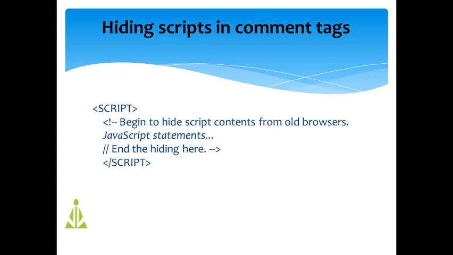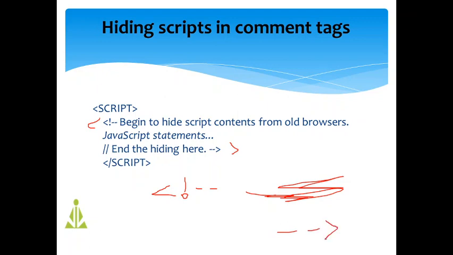Next, how can we write a comment? Between the script opening tag and closing tag, from here to here, this is a comment. If you want to write a comment, first is a less than sign, then you must use the exclamation mark, then two hyphens, and you write whatever you want to write here, and at the last, hyphens and close.